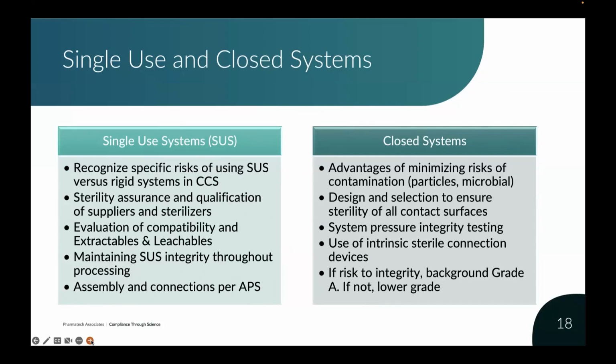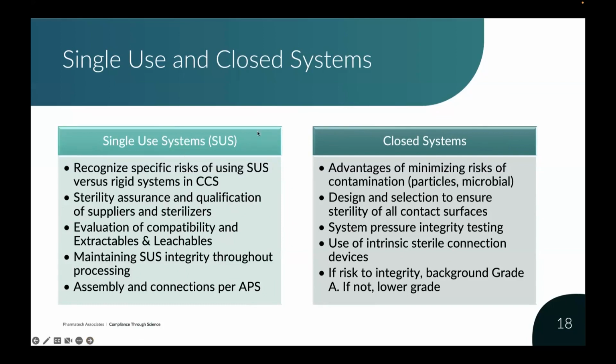These are new sections that have been added that are becoming more and more common use: the single-use systems, or these bag type systems, and a separate section on what they call closed systems. Closed systems are more commonly used in areas like radiopharmaceuticals and things like that, where there's particular shielding.